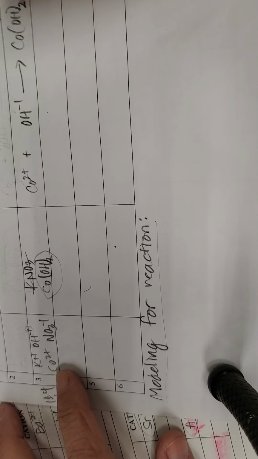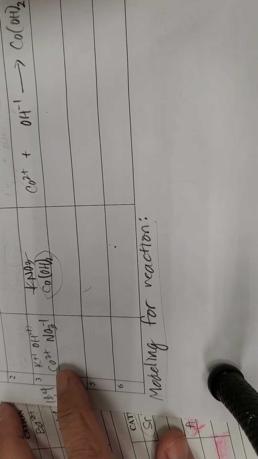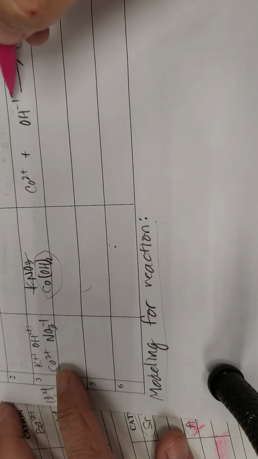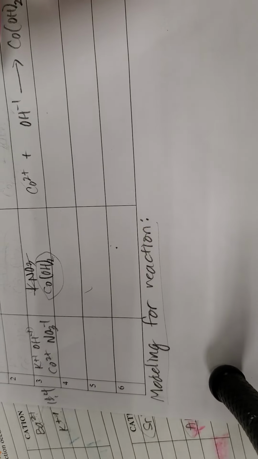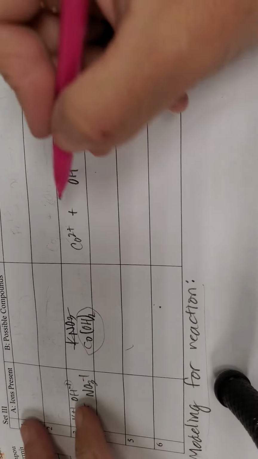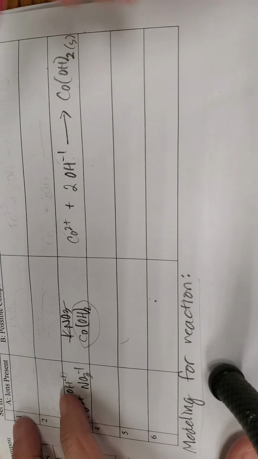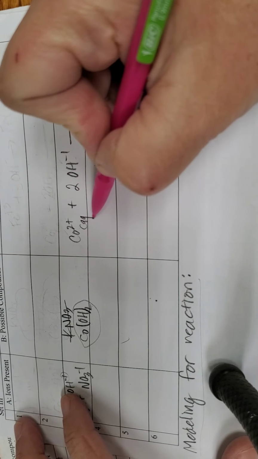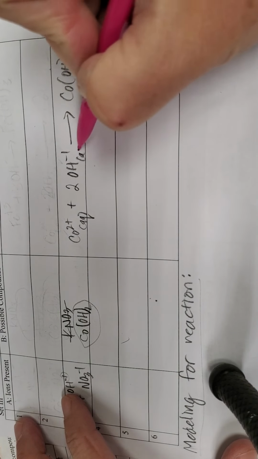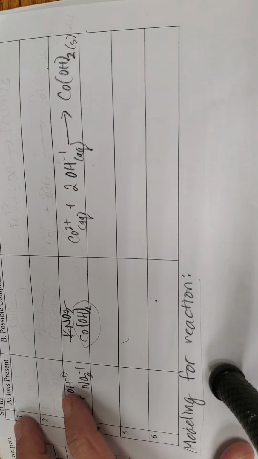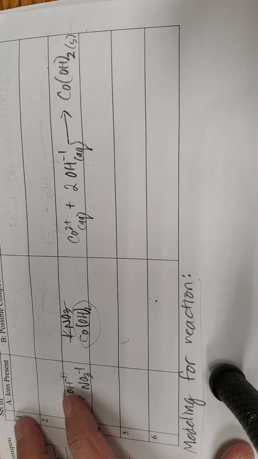This is my solid, but notice I have a 2 here. So in order to balance my equation, I'm going to put a 2 here, not down here, because they actually are separate from each other. They're 2 hydroxides in solution that combine with a cobalt. There you go. That's how you do that one.